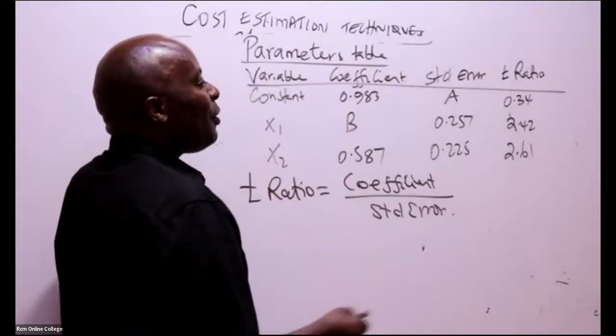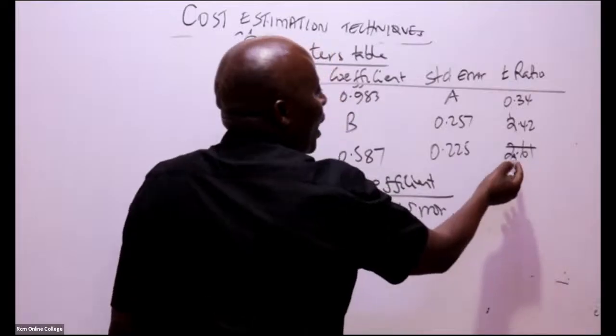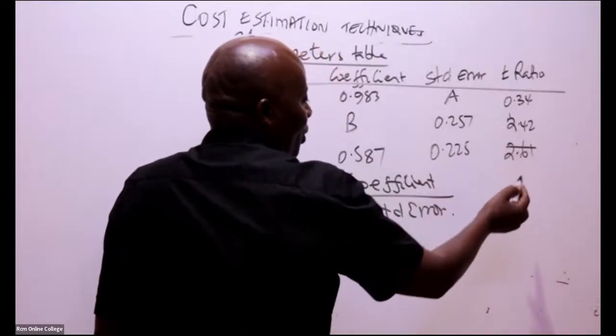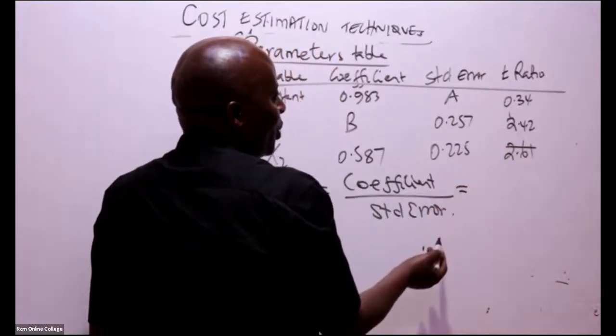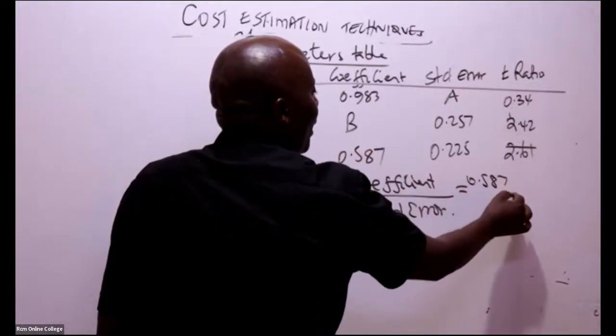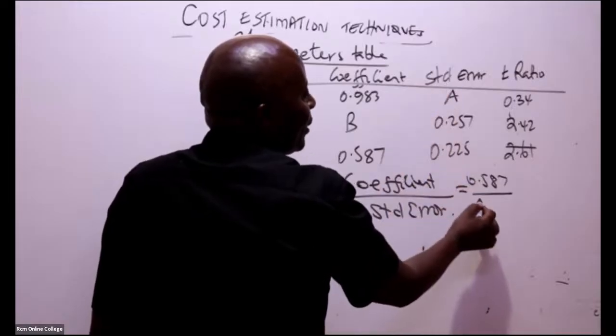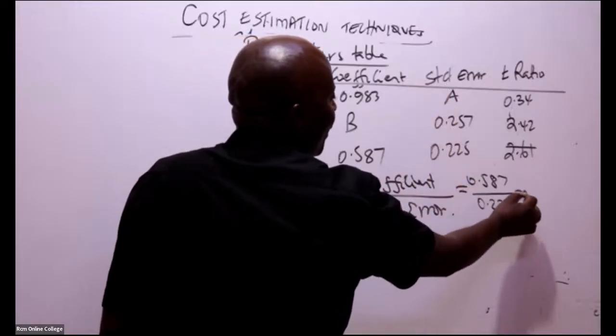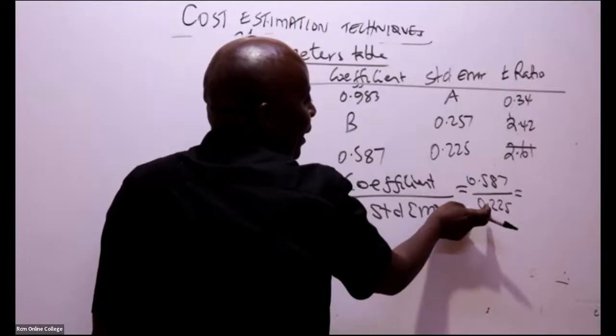So for example, if this one here was missing, and somebody wanted us to calculate this T ratio, how would we have gotten it? We would have taken this coefficient, which is 0.587, divided by the standard error, which is 0.225. Can somebody confirm that you're going to get an answer which is close to this?